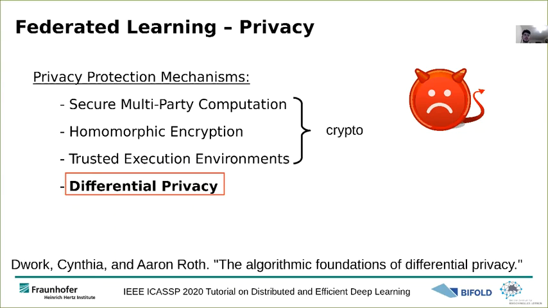So we're going to take a deeper look into differential privacy. However, this will only be a very small overview, and there are really nice resources online on differential privacy that we've linked on our webpage for this tutorial.